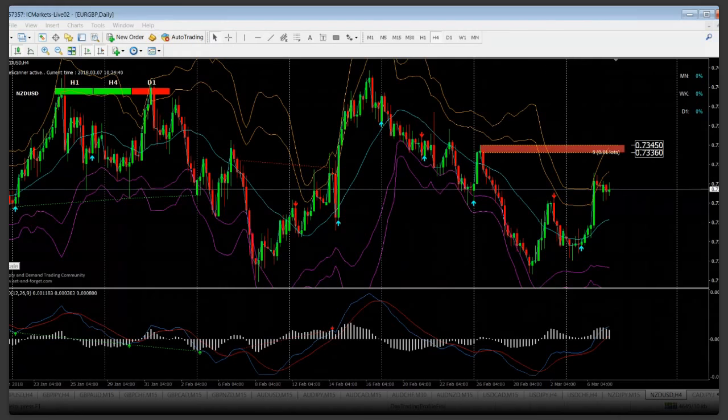Stop loss 0.72650. Take profit is 0.73300.